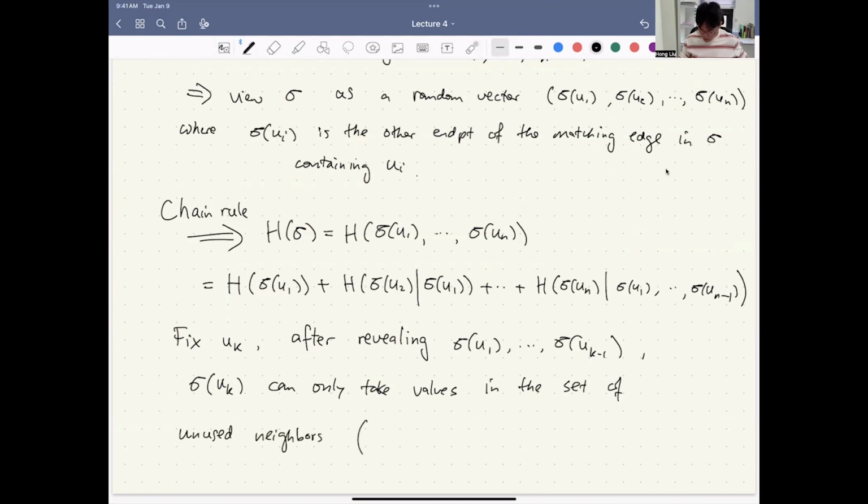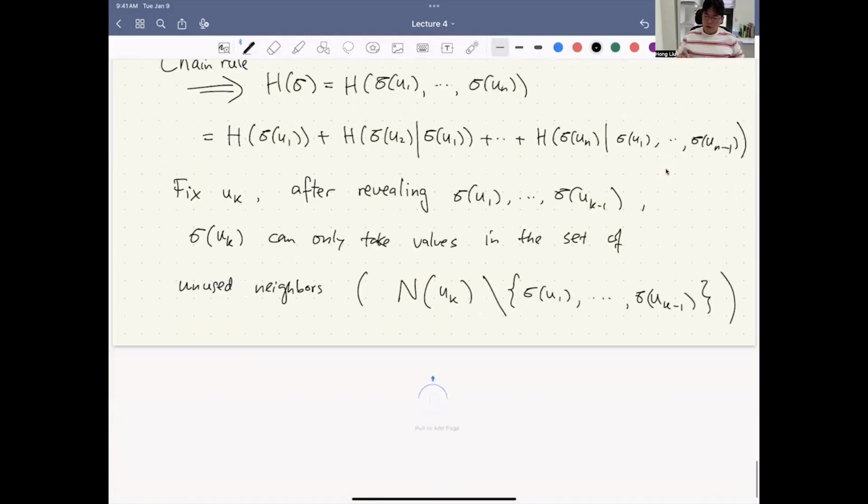What does it mean? UK has to be mapped to one of its neighbors, which is N of UK, but we cannot use any of the vertices already used. Right? Unused neighbors.